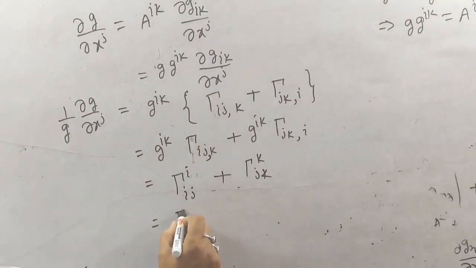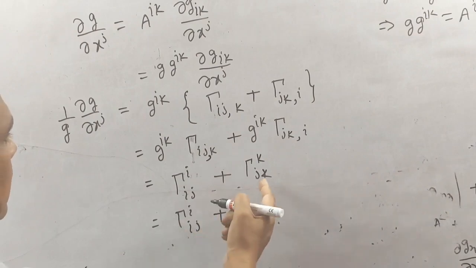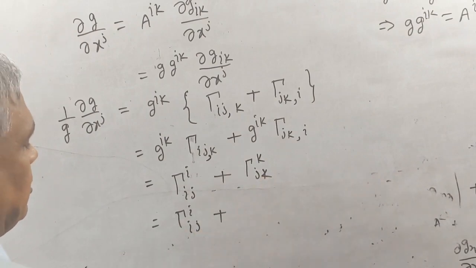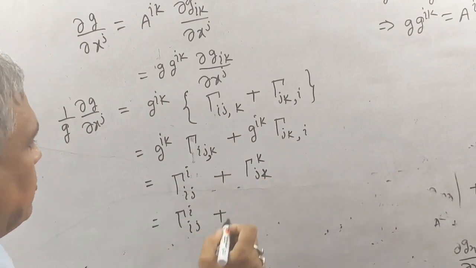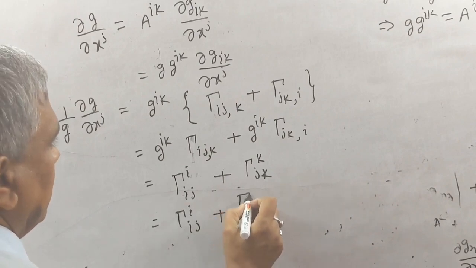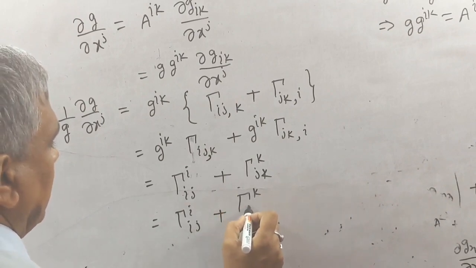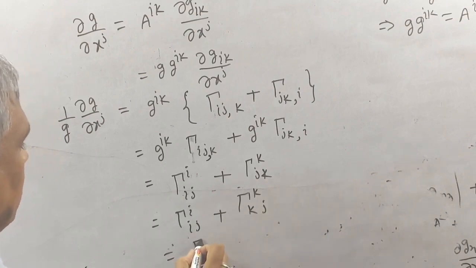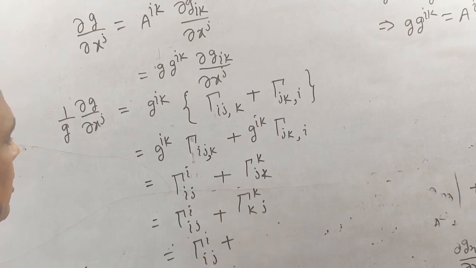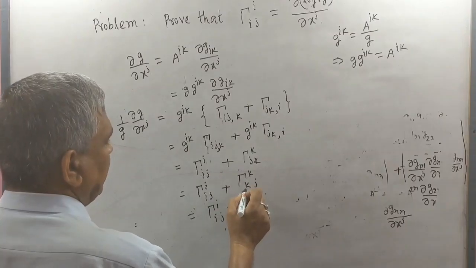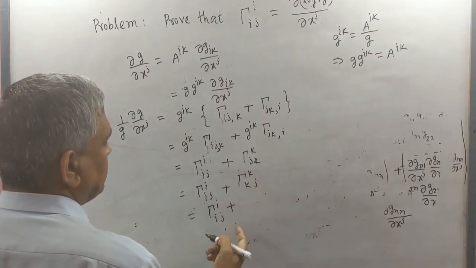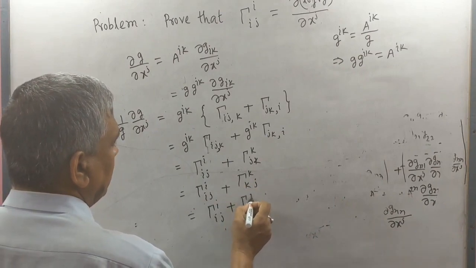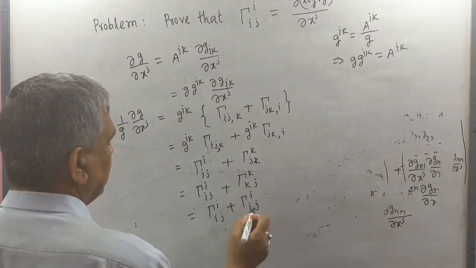This is {i,ij}, and as the Christoffel symbol of the second kind is symmetric, we may write {k,kj} equal to {i,ij} plus, here k is a dummy suffix, so we may replace this by {i,ij}.